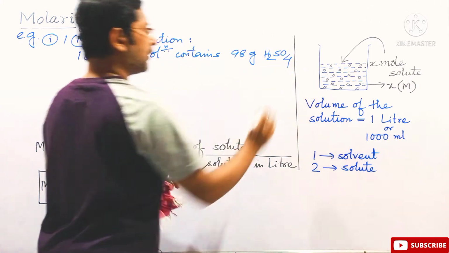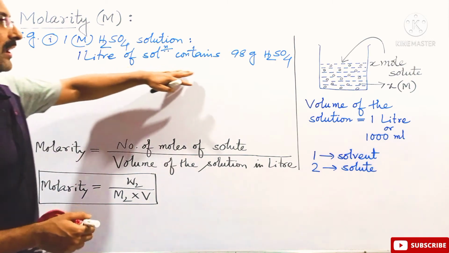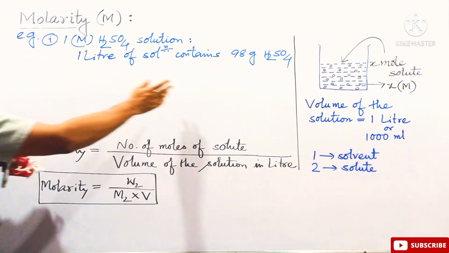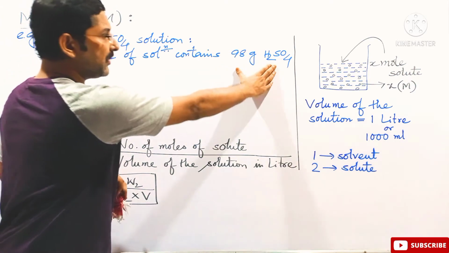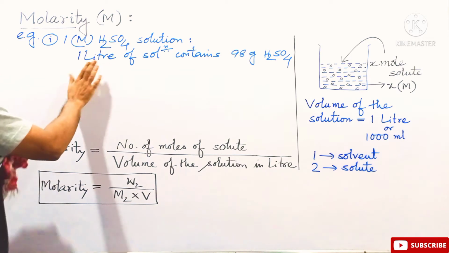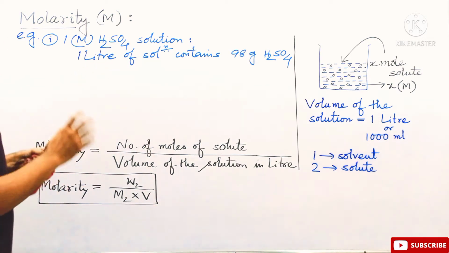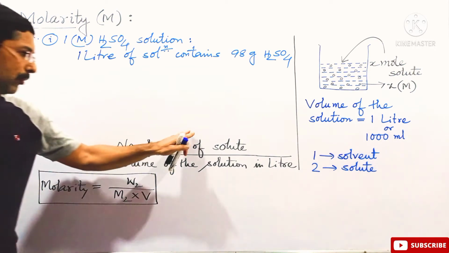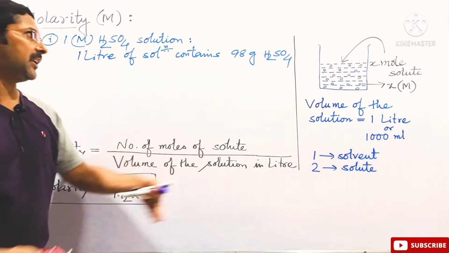So molarity is actually molar concentration. This is 1 mole, the number of moles of sulfuric acid, the number of moles of solute present per liter of the solution. So sometimes molarity is called molar concentration: number of moles divided by volume of the solution in liter.